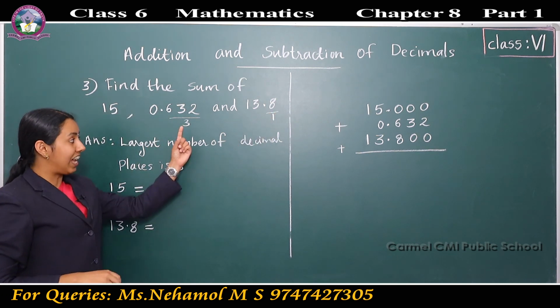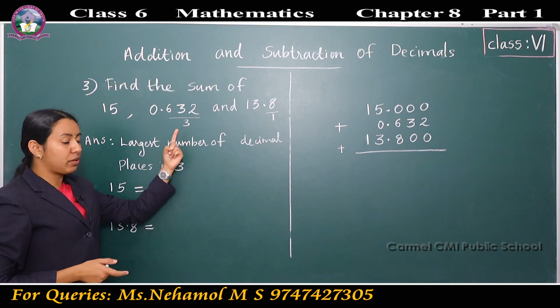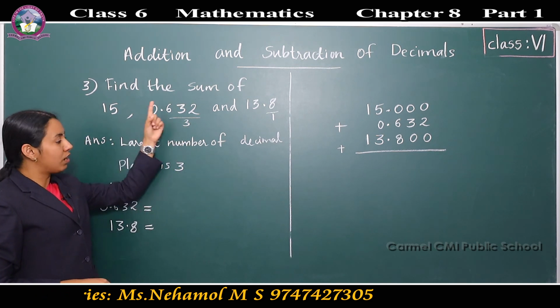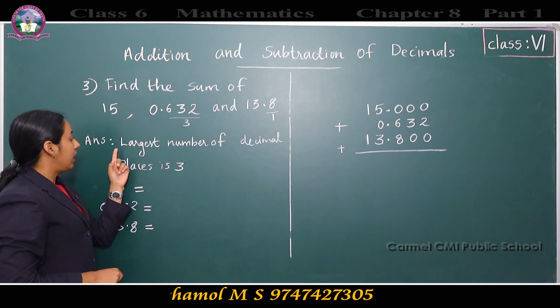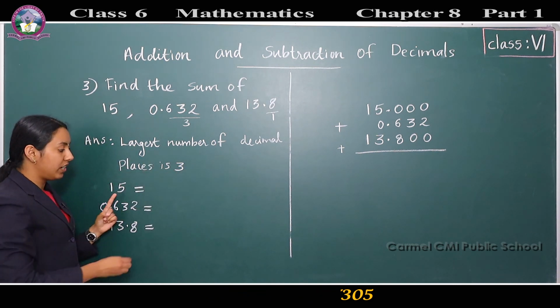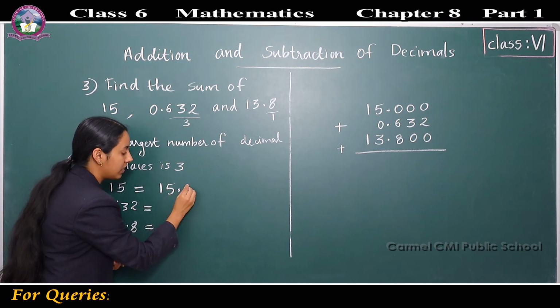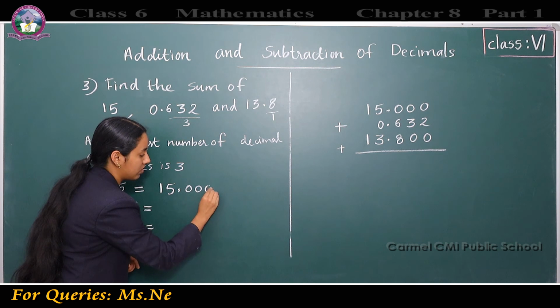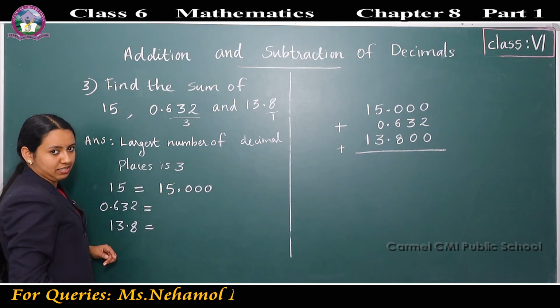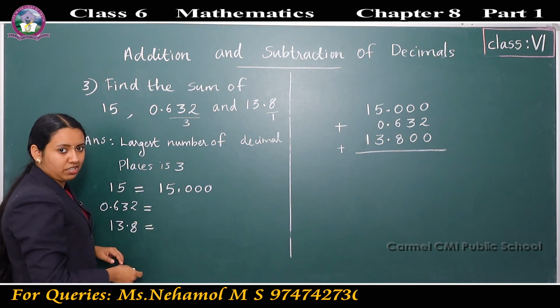So largest number of decimal places is 3. So we have to make 3 decimal places in all numbers. So 15 we can write as 15.000. 3 decimal places. If we add 0 at last, there will be no change in the value.